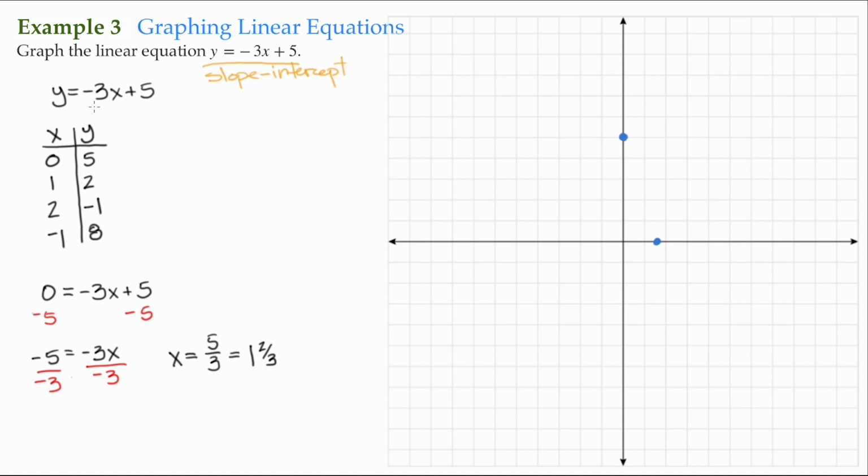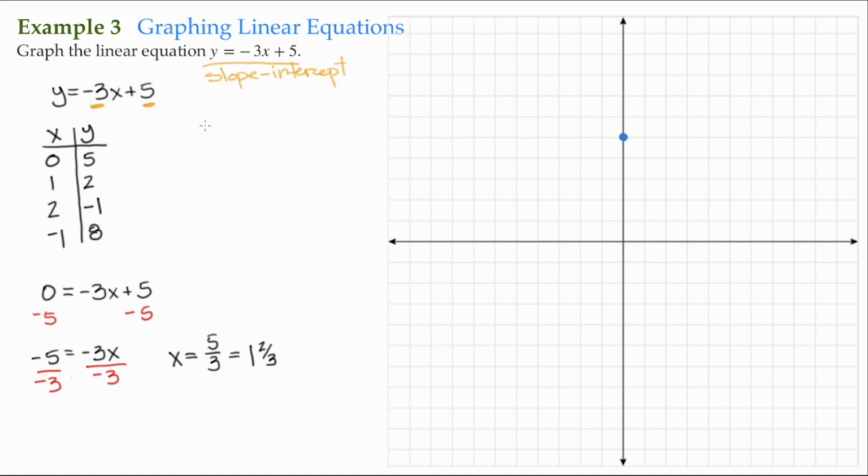The negative 3, that coefficient right there, is our slope, and 5 is our y-intercept. Where is our y-intercept? Well, that's when x is 0. So here it is right here. So I already have this point here. I only need one other point. So I'm going to count off the slope here of negative 3.